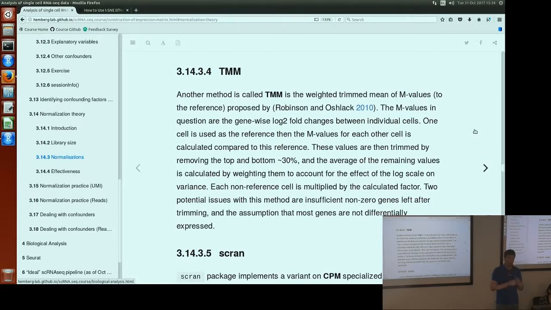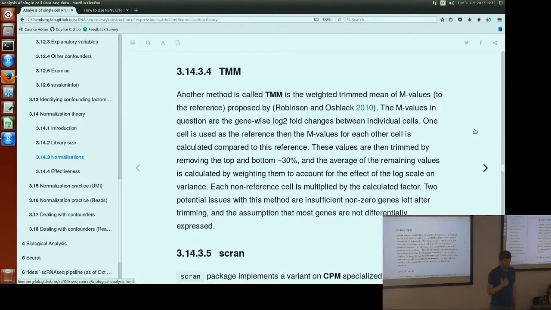And then the average of the remaining values is calculated by weighting them to account for the effect of the log scale on the variance, given that we know that on the raw scale of counts, the variance will increase with the mean. Once we've done that, each non-reference cell is multiplied by its calculated factor to give us another size factor normalization approach that we can apply per cell to divide by.